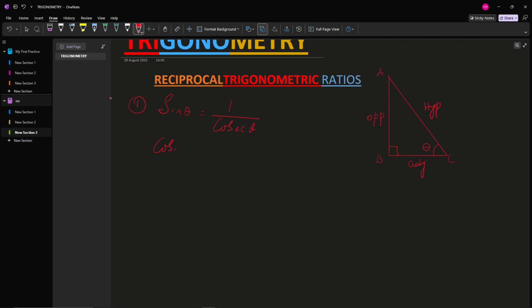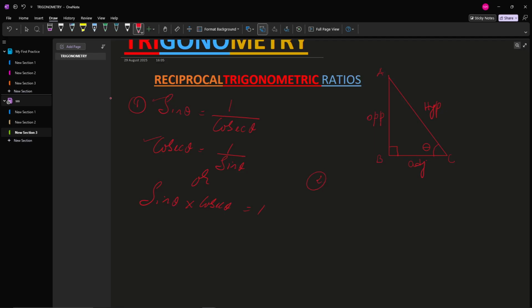Or you can write cosec theta is equal to 1 by sin theta, or you can write sin theta into cosec theta is equal to 1. So these are different manipulations according to what the problem requires. Whenever you prove LHS to RHS, these things are very much useful, so be thorough with this.